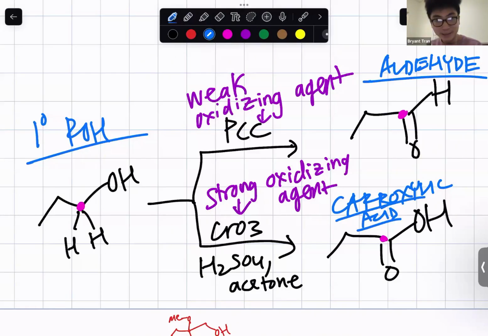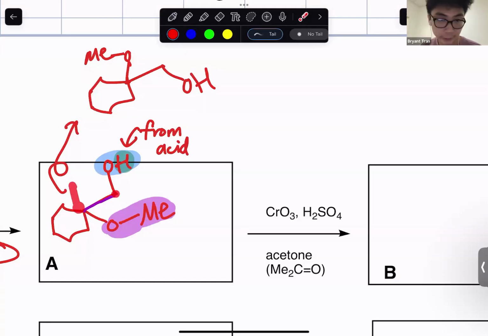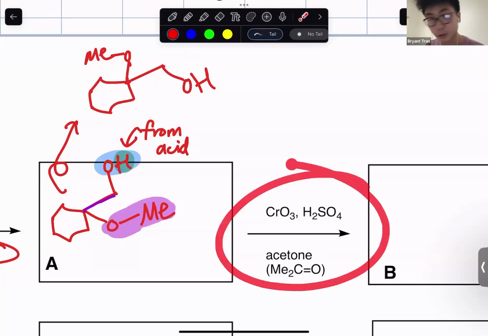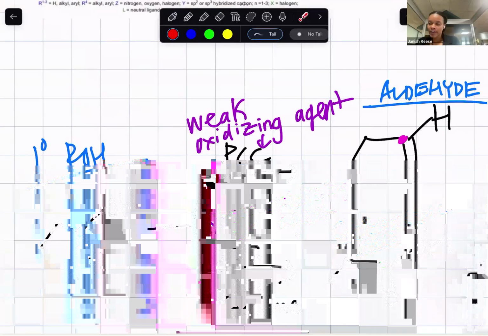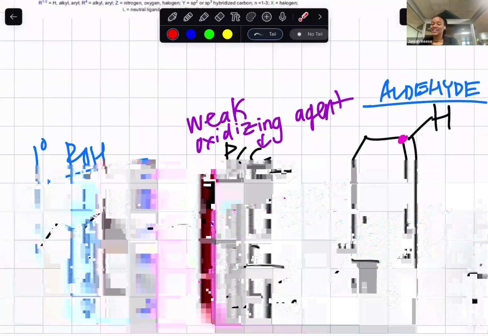Does that make sense so far, Janaya? Okay, good. So now, if we look at this right here, it is a primary alcohol because this alcohol is on a carbon that's attached to only one other R group, one other carbon. So if we use the strong oxidizing agent, what would this primary alcohol turn into? It should turn into a carboxylic acid.